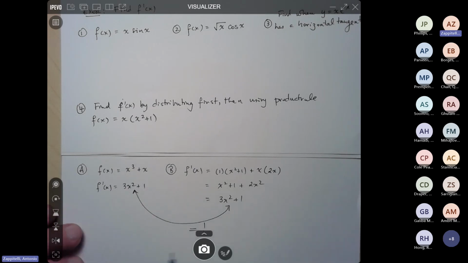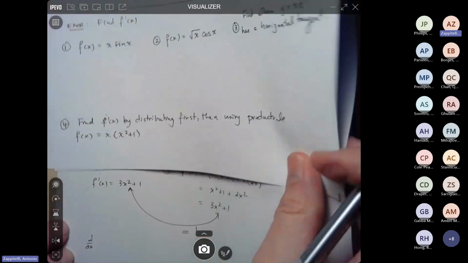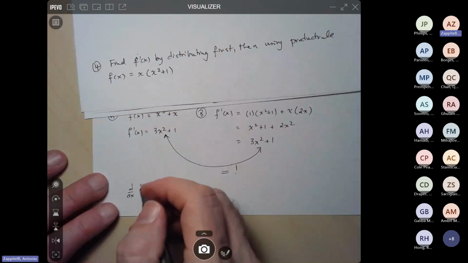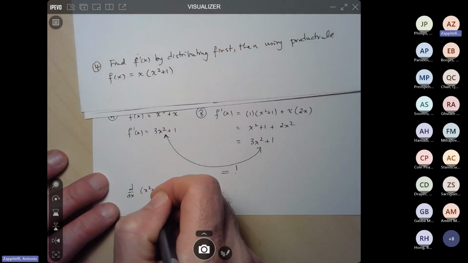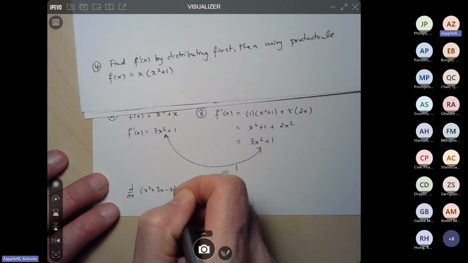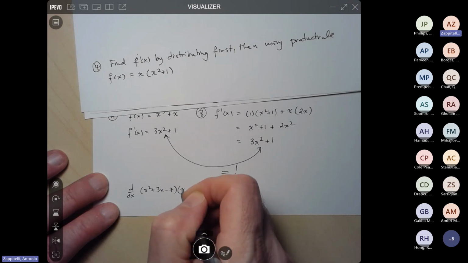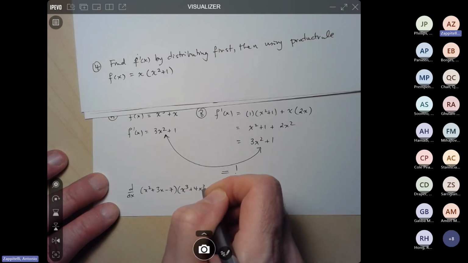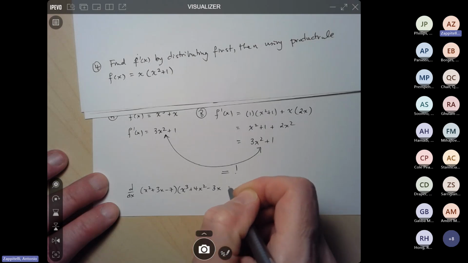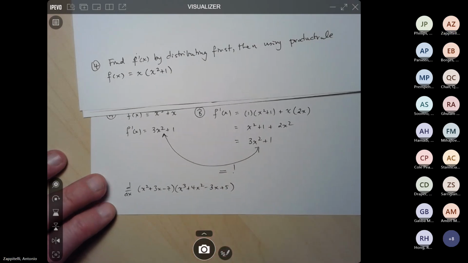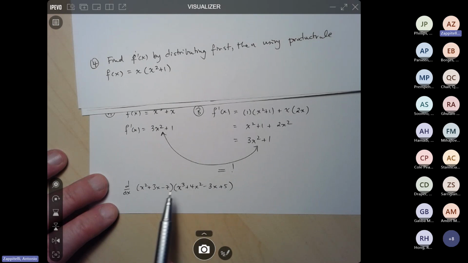distribute. But if I was taking the derivative of, say, x squared plus 3x minus 7 times x cubed plus 4x squared minus 3x plus 5, I'm not very motivated to distribute this first and then take the derivative.